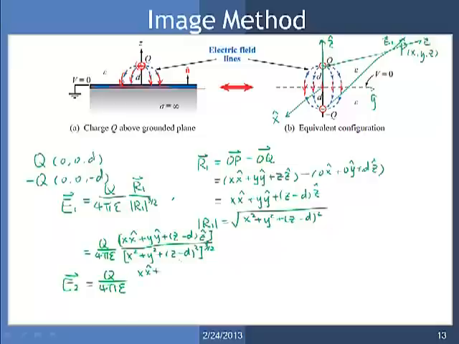I believe the only difference is the z coordinate, and in this case it would be (z plus d) z hat over [x squared plus y squared plus (z plus d) squared] raised to 3 over 2. The total E field at point P would simply be E1 vector plus E2 vector.